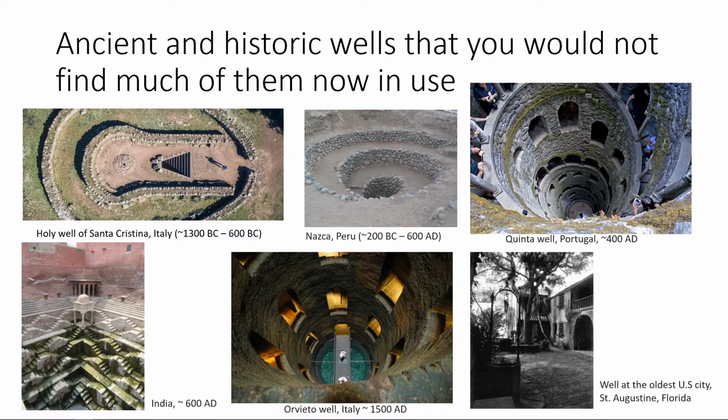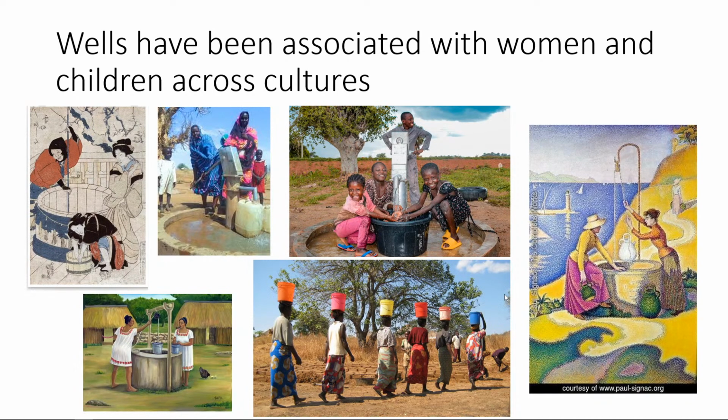Wells have also been associated with women and children across cultures, here in Asia, Japan and Africa. You see women and happy children. It's a very happy situation. I've done this when I was a kid, when I used to go to farmlands.